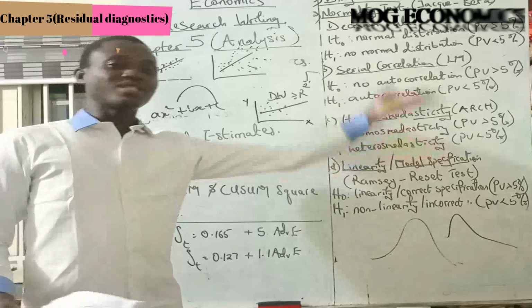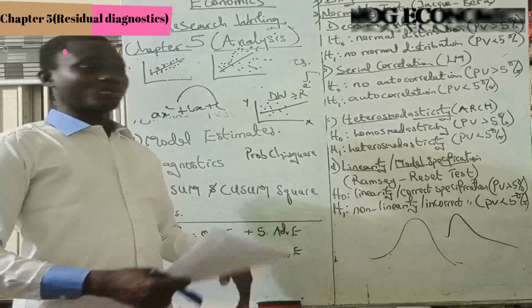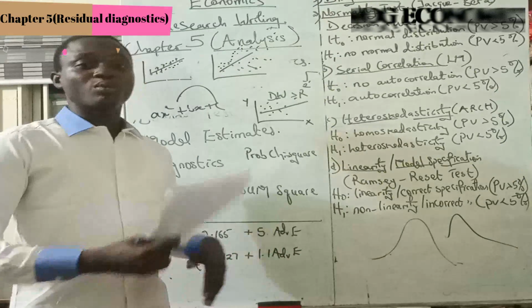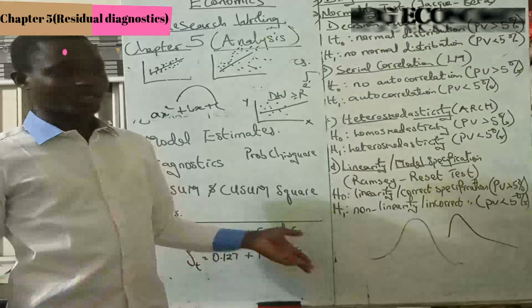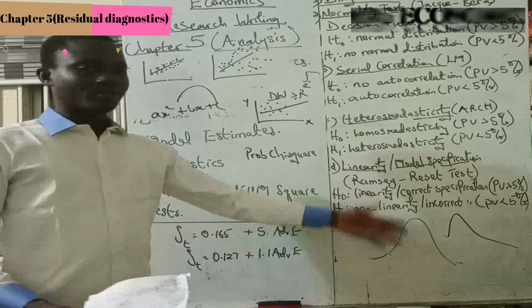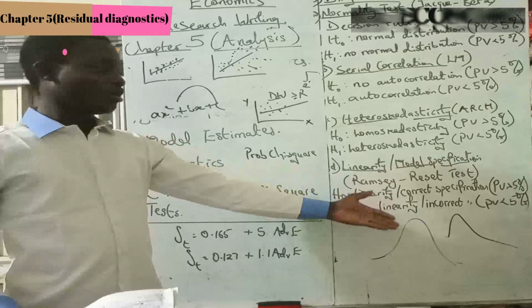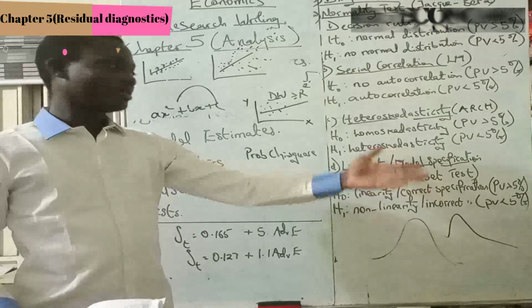Someone might say the model is linear, someone else might say the model is correctly specified, so it's no problem. The alternative hypothesis is non-linearity in the model: the model is non-linear, or the model is not correctly specified.